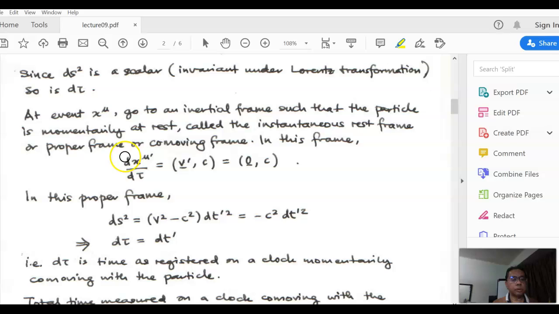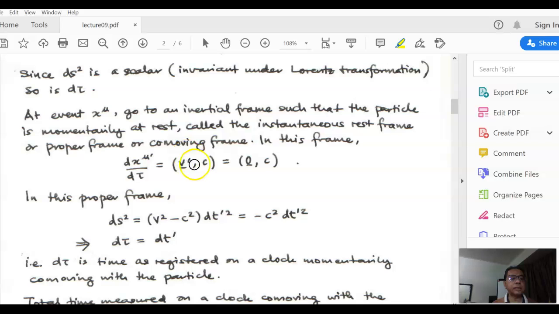So if you look back, what is dx^μ/dτ? Let's consider a particular case where you go to a frame for which the particle is momentarily at rest. This is called the instantaneous rest frame, or proper frame, or co-moving frame. So at that particular point, you should have dx_i' over dt or dτ. Remember, τ is just a temporal quantity.